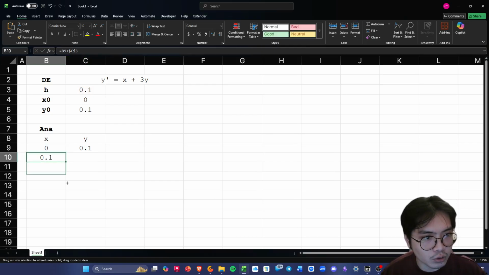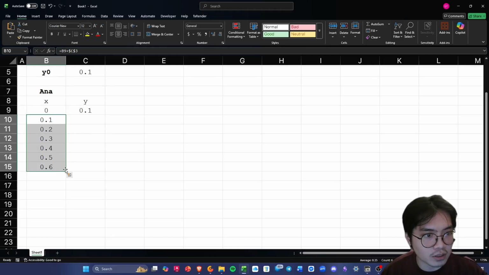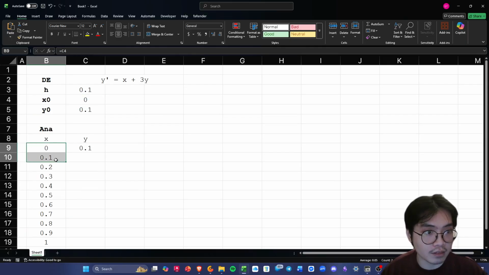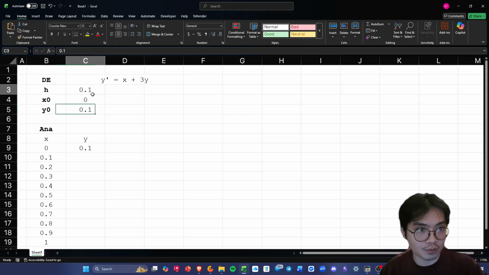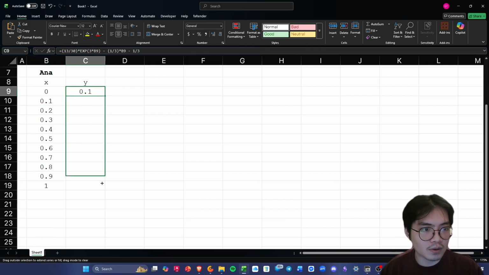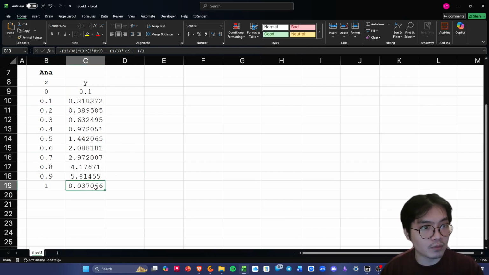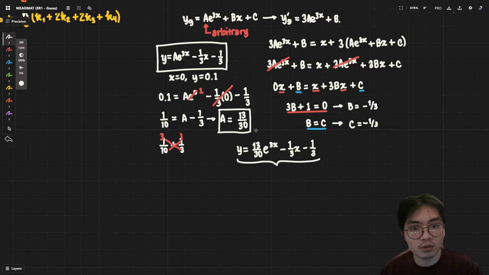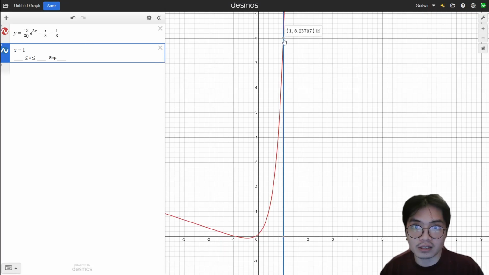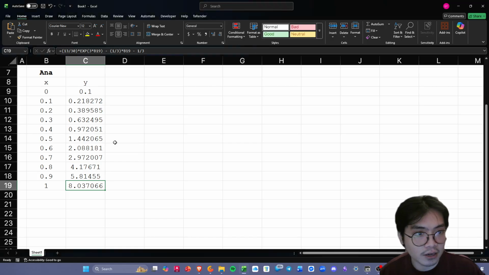What this will do now, if you drag it down, is update your values of x based on your h and not the consequential values afterwards. Now we will see that the answer indeed is going to be 8.03707, just like what Desmos says here.